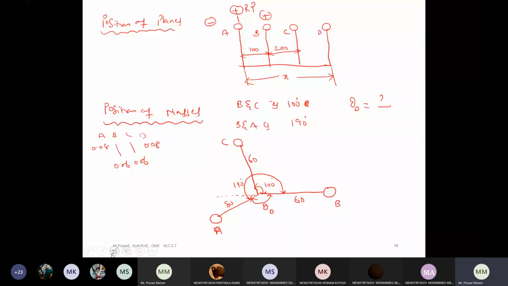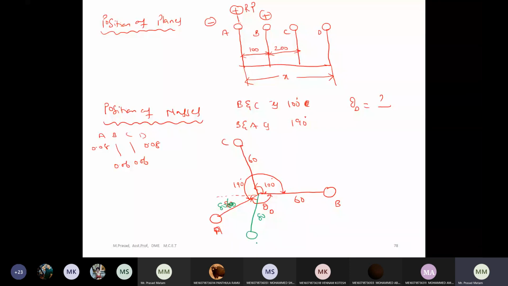So for this, with respect to this plane B, I am drawing a line at a distance of 80 mm. This is 60. A is, sorry, A is 80 mm only. D is also 80 mm.